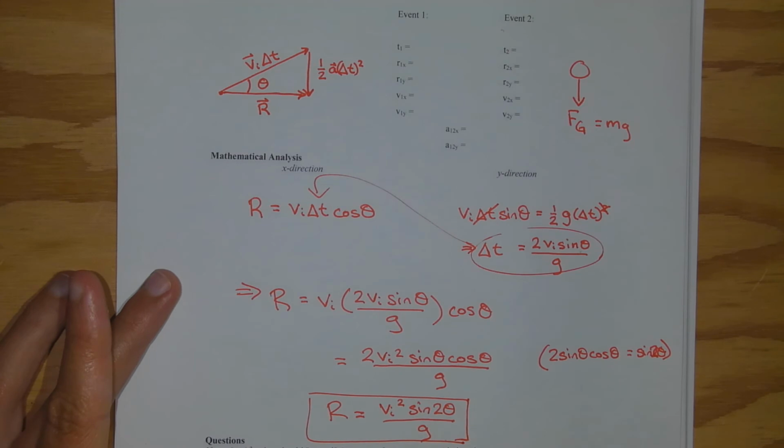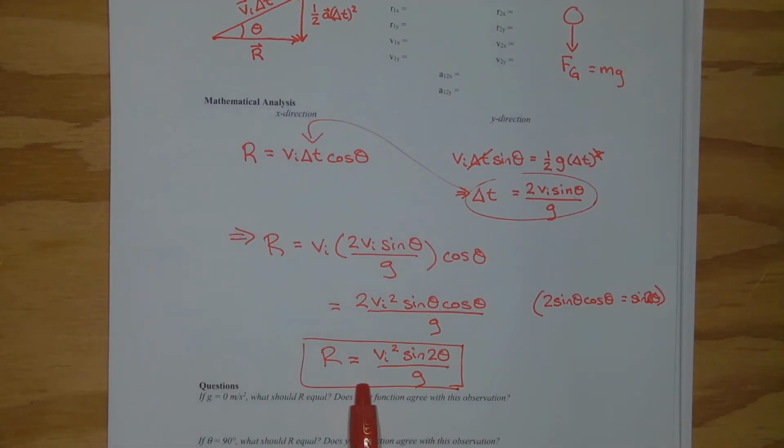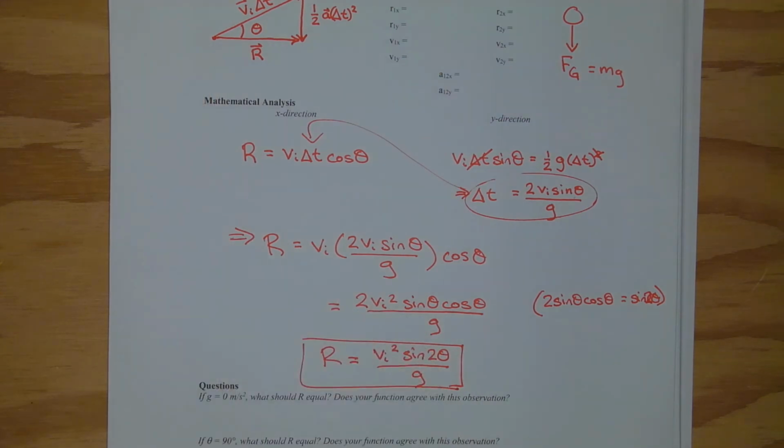You may have seen this equation in a high school physics class, and this is the range equation. This is only valid if the object lands at the same height from which it starts. Okay, so this is for launching over level ground. And what you can see if you write the equation this way is, if you have the same initial velocity in all cases, what angle would you want to launch the object at so that it goes the farthest?